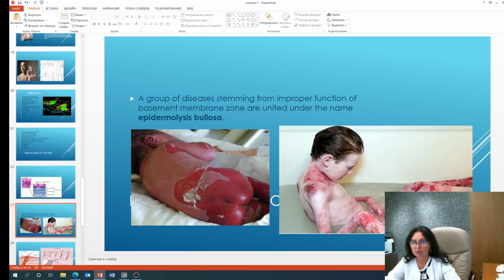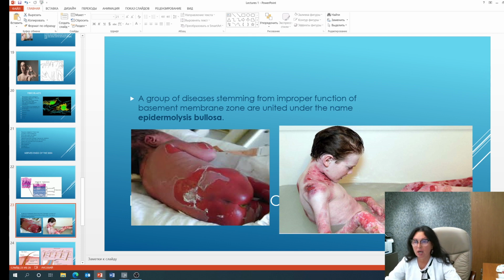The next picture is about disease developed from problems with the basement membrane. A group of diseases stemming from improper function of the basement membrane zone are united under the name epidermolysis bullosa, with formation of bullae and desquamation of the superficial skin.